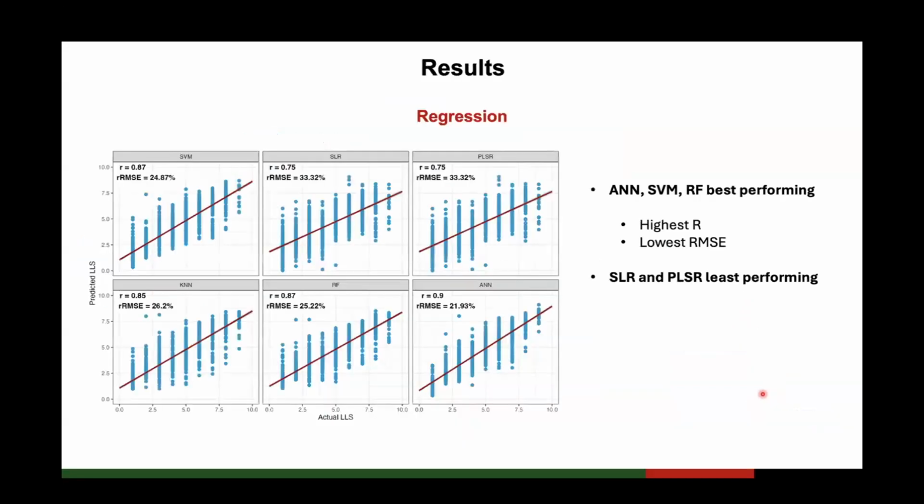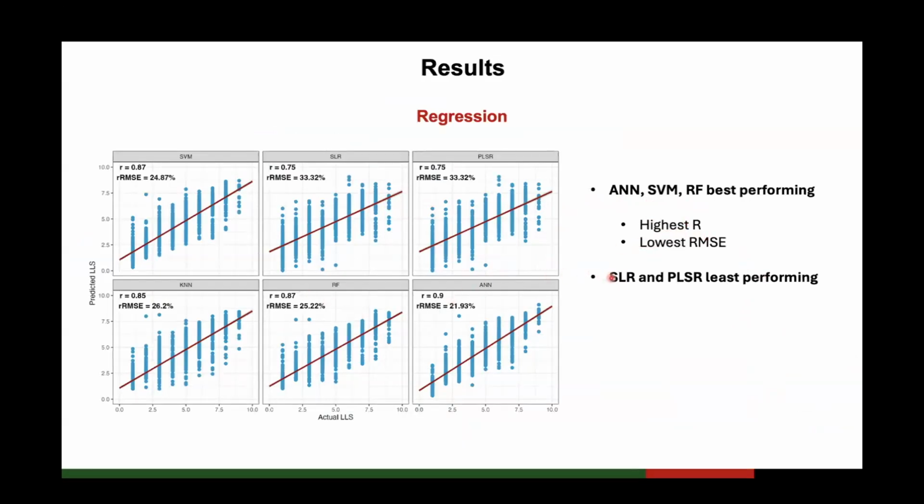From the regression results, we found that the artificial neural network, the support vector machine, and the random forest were the best performing algorithms for predicting the severity of leaf spot. They had the highest R squared and the lowest root mean square error.